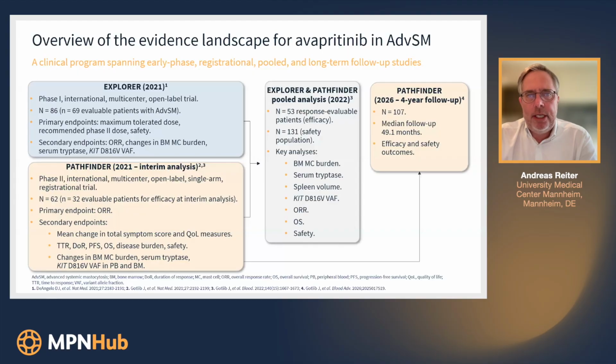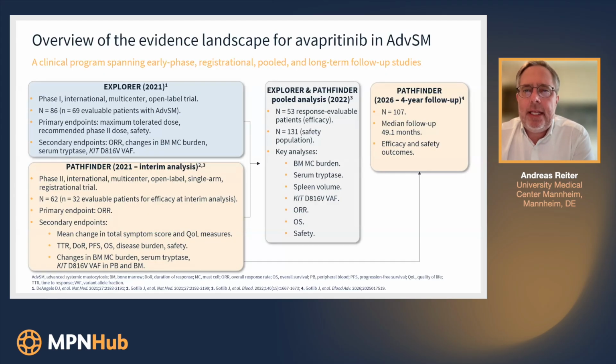The primary endpoint was the overall response rate, and secondary endpoints very similar to what I've already said from Explorer. And then we did not only see the individual presentation of these studies, but there were also pooled analyses, because the disease is overall very rare, and we need as many patients as possible to get reasonable and reliable results.